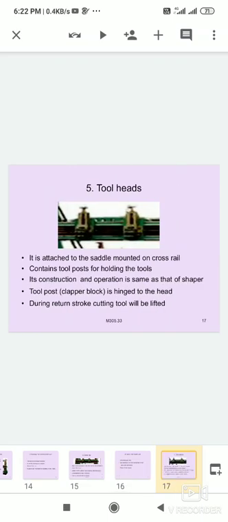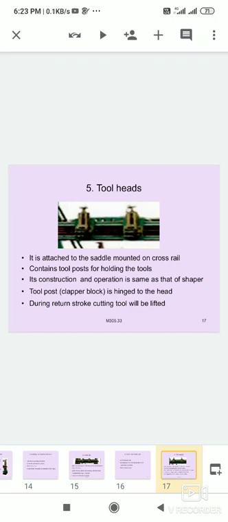These tool heads are very important for holding the tools. You can adjust the lever at the top position of the cross rail. It is attached to the cross rail.